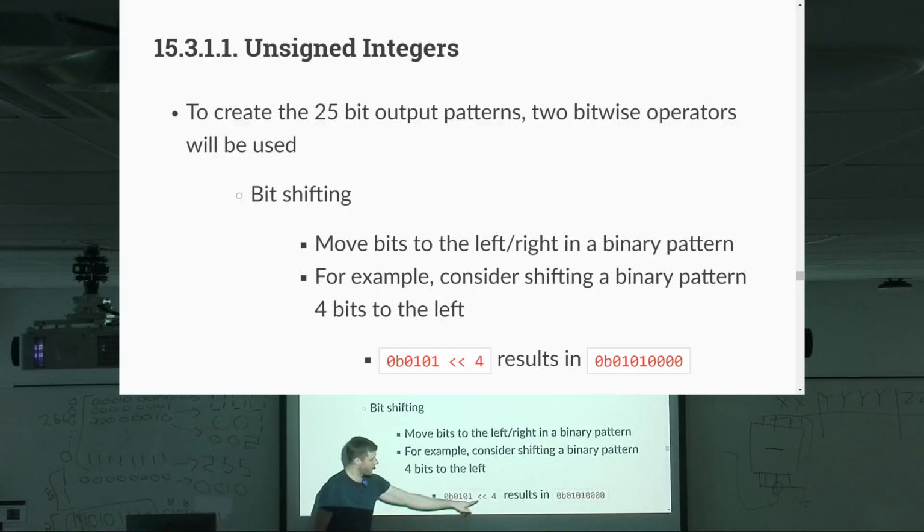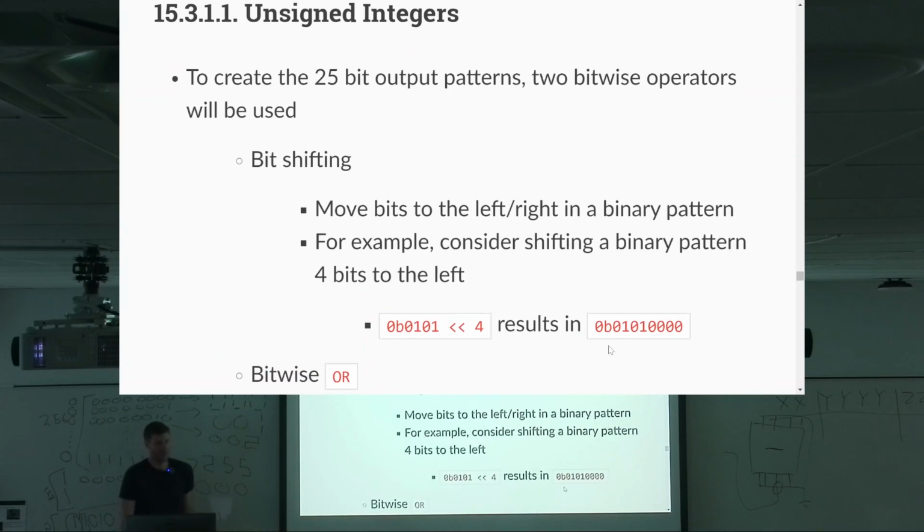If I move something to the left 4, can anyone tell me what happens to the actual integer value of what this is? Divide by 16? Multiply by 16, yeah. You move it once, we double it. Which you all learned from lab on Wednesday, getting angry about how stupidly simple it was, you did a bit shift by 1, which doubles, but anyways. This is the same as multiplying it by 16, by the way.